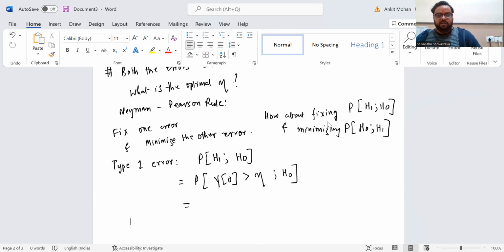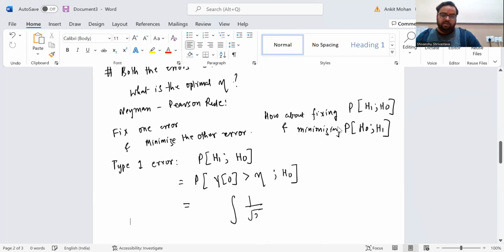When I want to write this, I'm writing a probability term, so I want to calculate it from the continuous probability density function of Y0. I need to integrate the PDF of Y0.